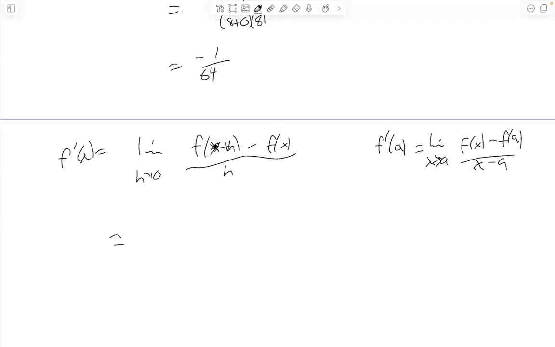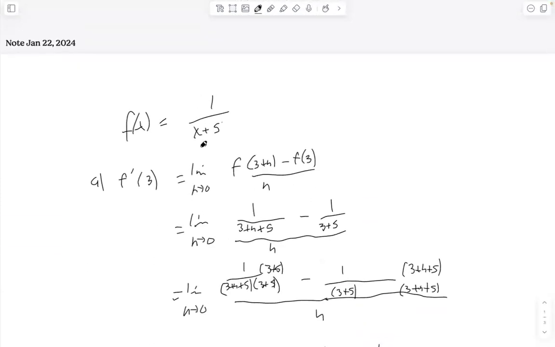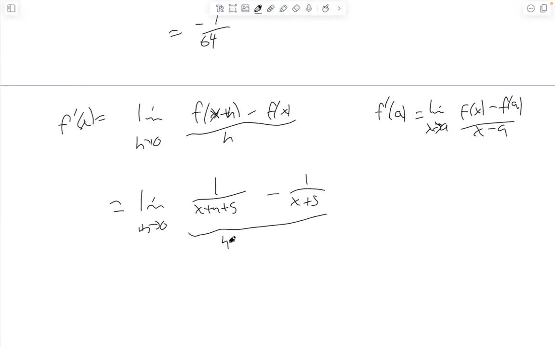Okay. So f of x plus h, remember f of x was way up here. So I'm going to replace x with x plus h, and I'm going to write limit at every step. Minus f of x, that's the original. That was x plus 1 over x plus 5, all over h.